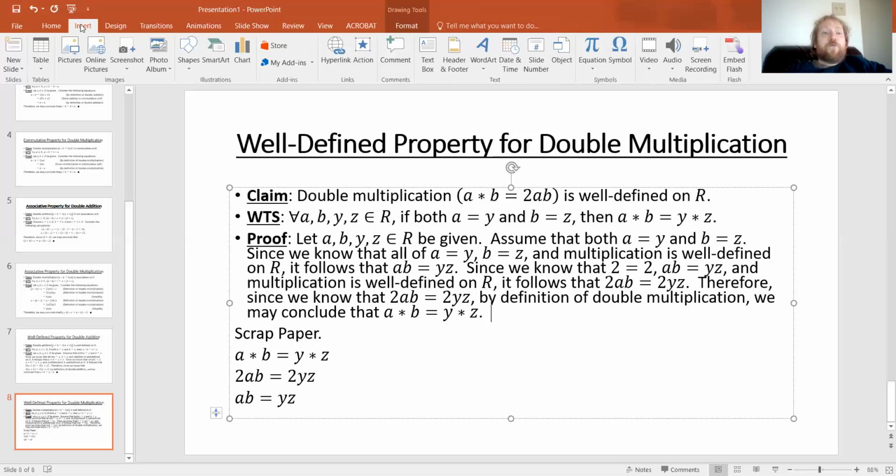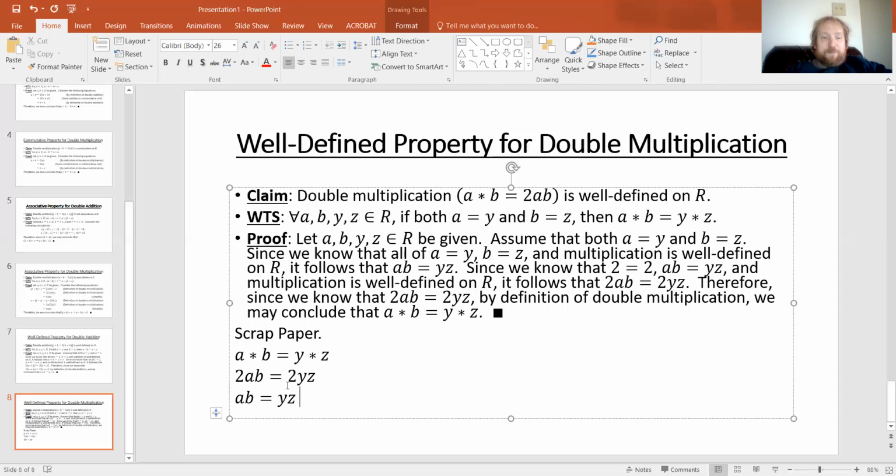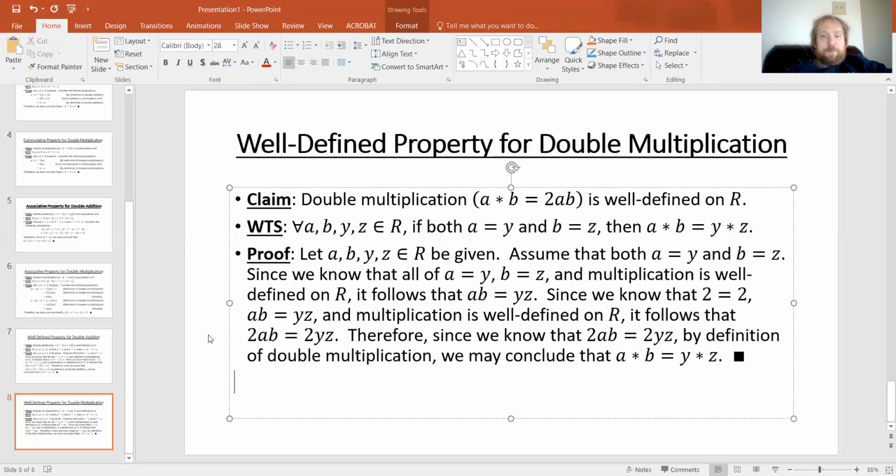And that ends the proof because we have let A, B, Y, Z in R be given. We assumed the if part, we proved the then part. So let A, B, Y, Z in R be given. Assume that both A equals Y and B equals Z. Since we know that A equals Y, B equals Z, and multiplication is well defined on R, it follows that AB equals YZ.